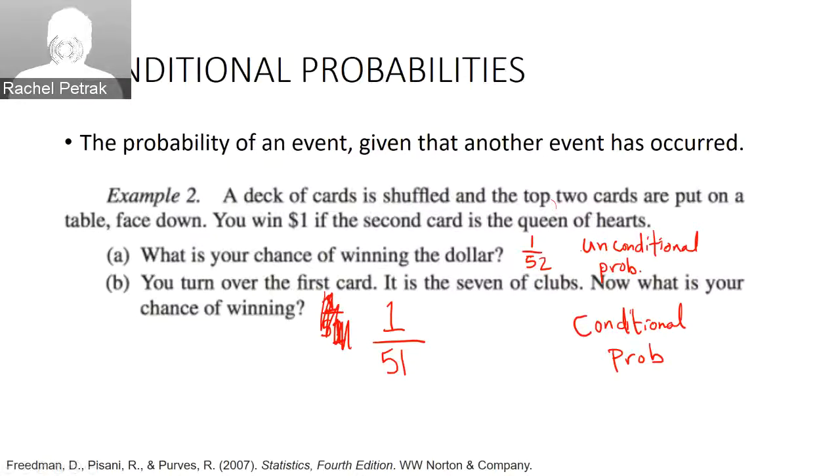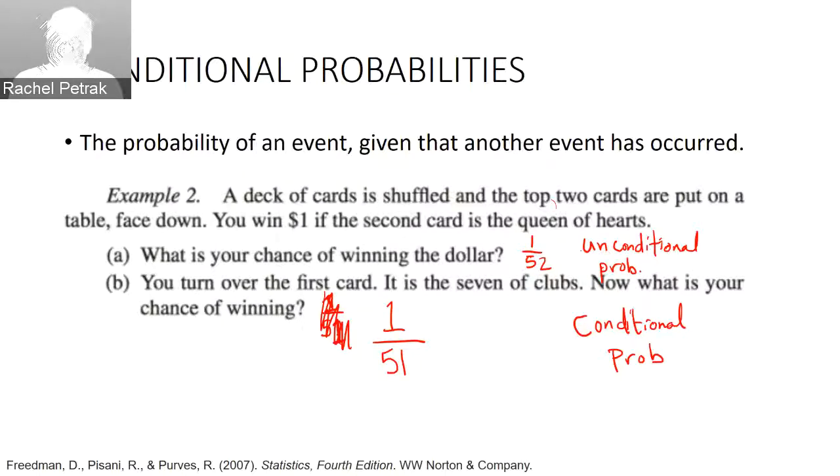It's important to remember that conditional probability is the probability of an event given that another event has occurred. We're going to think about this more in a minute, but the main point here is that for things that are conditional, you've got the probability of an event given that another event has occurred already.